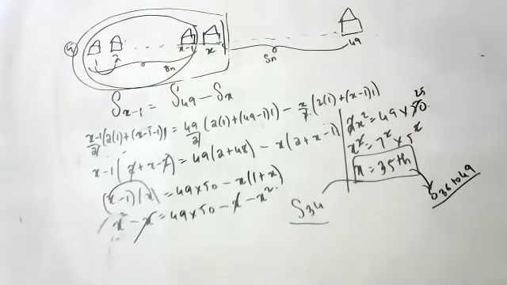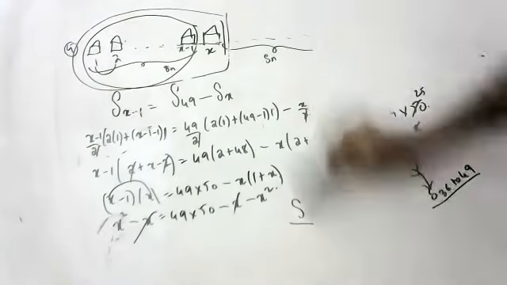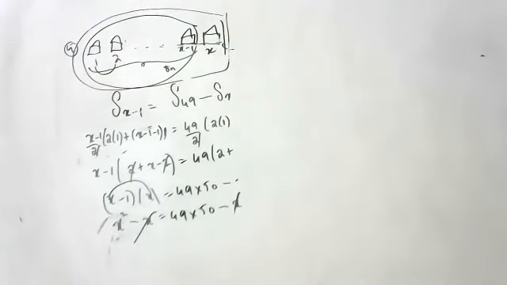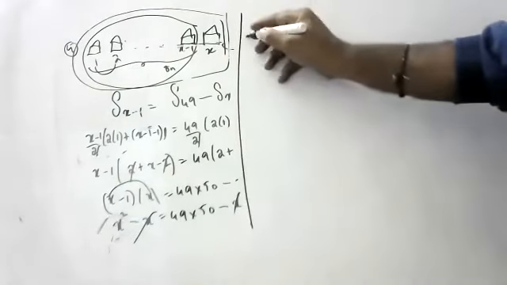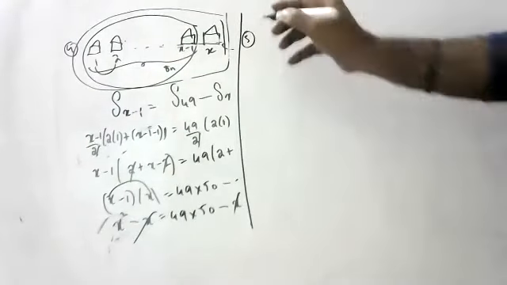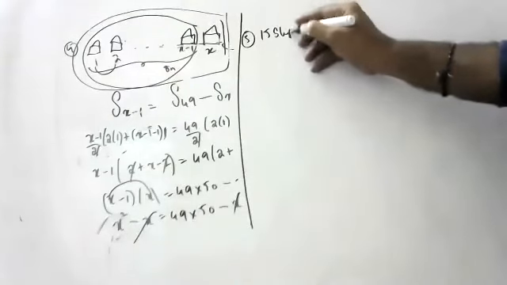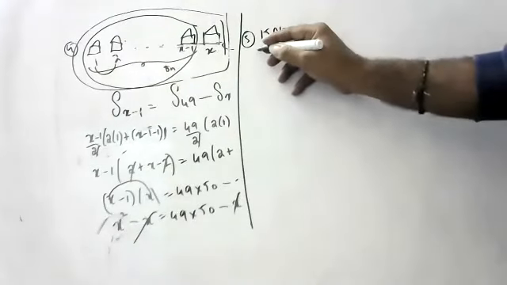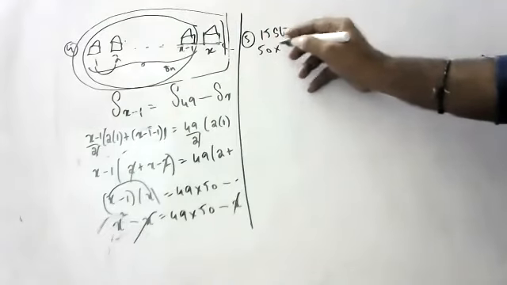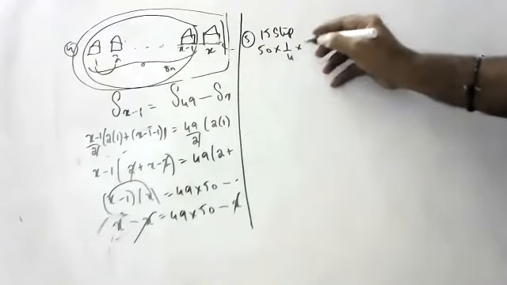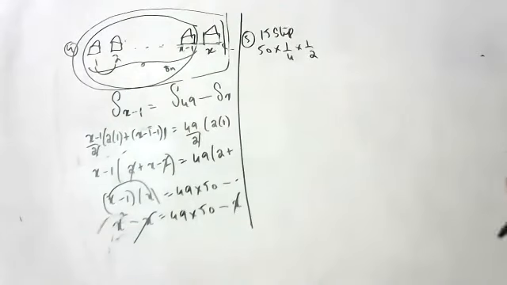Okay, sir. Thank you. Children, so next football. Last question, children, for today. So tomorrow morning, as usual, children, you will have this. There is a football ground. There are 15 steps, children. First step is length is 50, breadth is 1 by 4, height is 1 by 2.